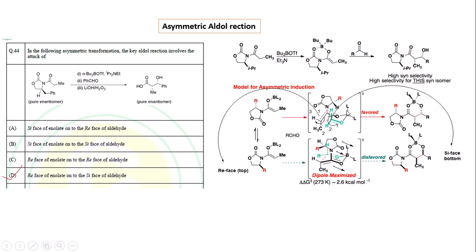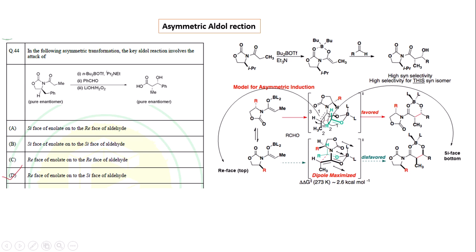In this model we get a cyclic, chair-like transition state, and if this chair-like transition state is rearranged in that way, the question is which face, this is the enolate face and this is the carbonyl face. In the enolate, the nucleophilic addition will occur from the top face, and the enolate is added to the bottom face of the carbonyl, and we get two types of addition.